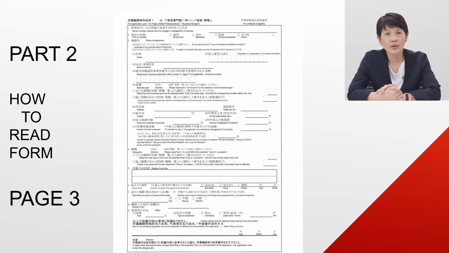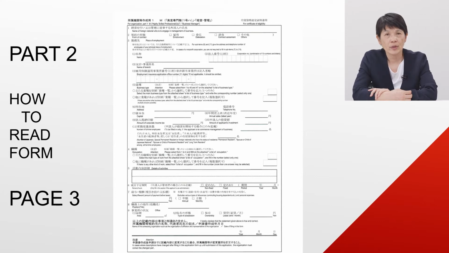And one thing I would like you to notice here is that as long as it is lawfully operated and managed, you can do any type of business. In other words, a foreigner is not limited in terms of type of business. You can do any business you wish to do. And then you fill out office address and phone number.